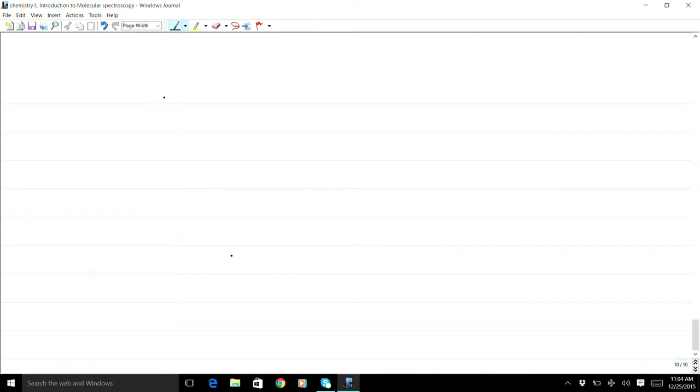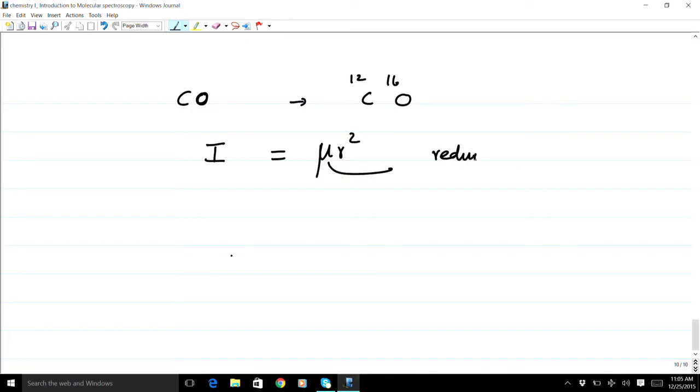So, if you are looking at, say for example, carbon monoxide, CO, the masses are, let us do simple calculations, carbon 12 and oxygen 16, then the moment of inertia I is given by mu r square, where mu is the reduced mass of the molecule and r is the bond length, the distance between the carbon and oxygen. Let us assume equilibrium and not worry about excited states and so on.